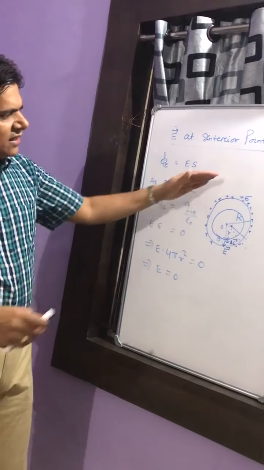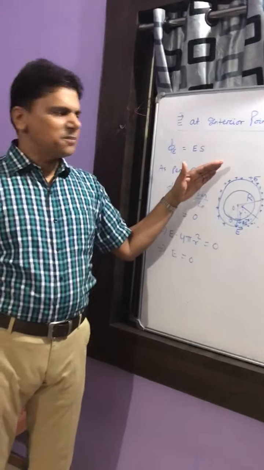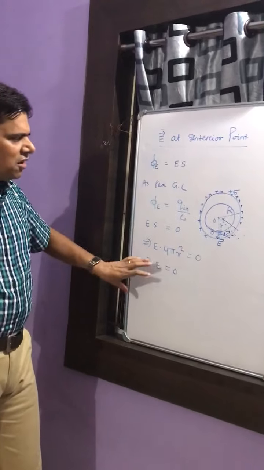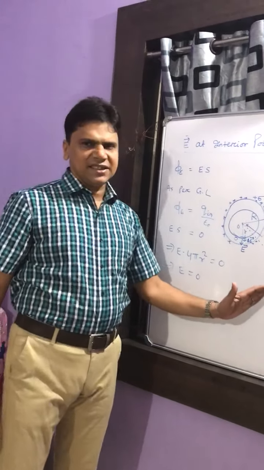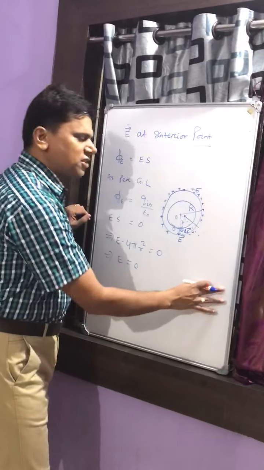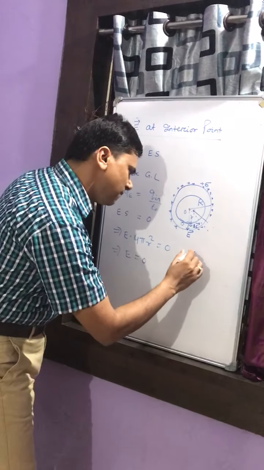That means inside this thin spherical shell, at any point the electric field is 0, whereas outside, the electric field varies inversely proportional to the square of the distance.